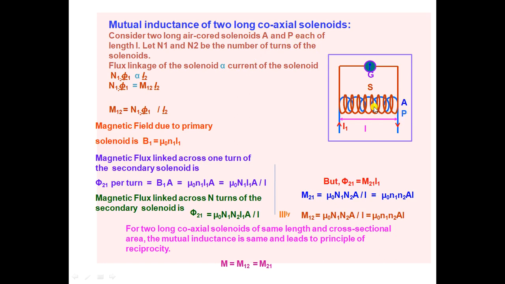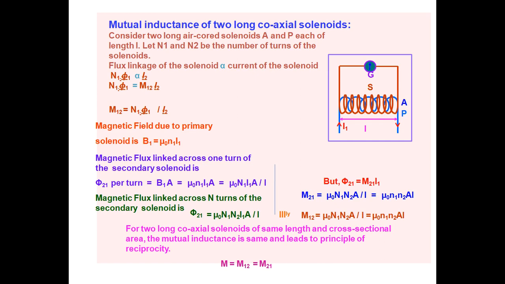Then the flux linkage of the solenoid is directly proportional to the current in the solenoid. That is, N1 phi1 is directly proportional to I2, where N1 is the number of turns of the first solenoid and phi1 is the magnetic flux linked with the first solenoid, which is directly proportional to the current in the second solenoid, I2.